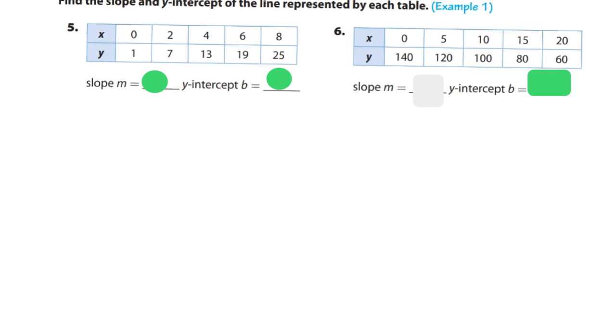Okay, let's find the slope and intercept for these lines for the table. Your intercept is going to be the easiest. If you recall, when we had a table before, I had you figure out how the x's were changing, and then you subtracted that number. So these are changing by 2.